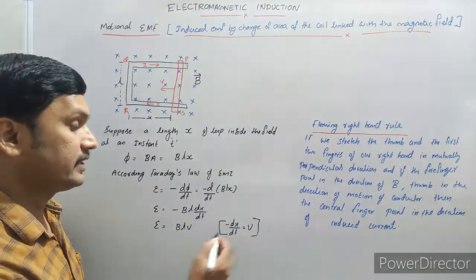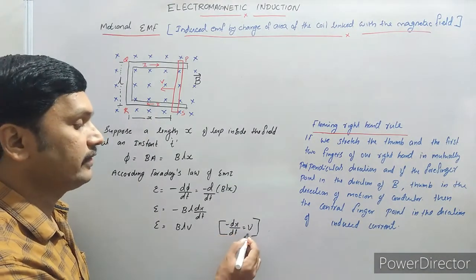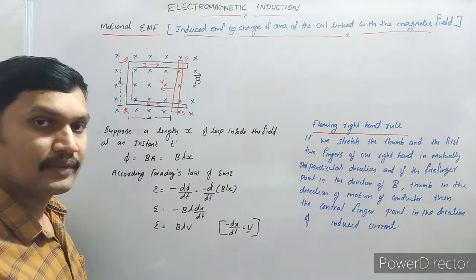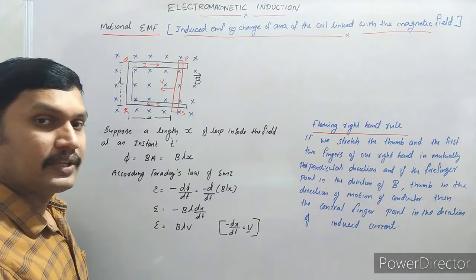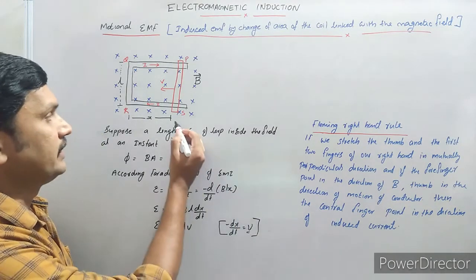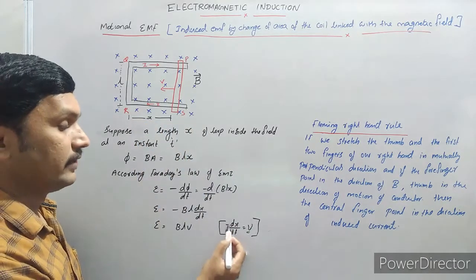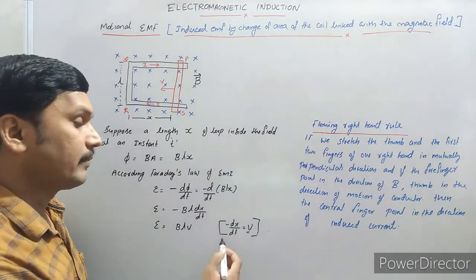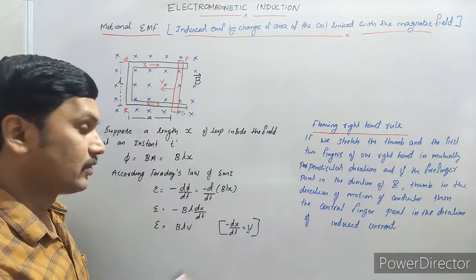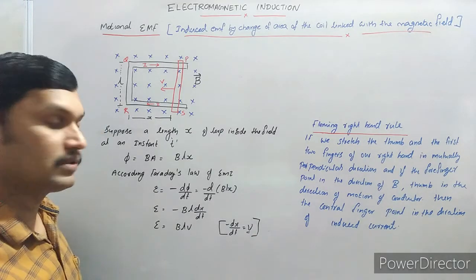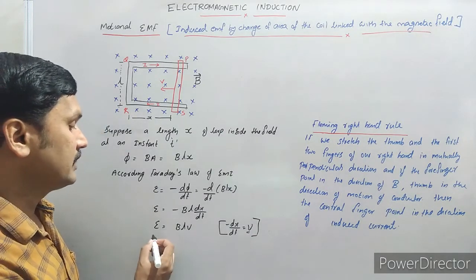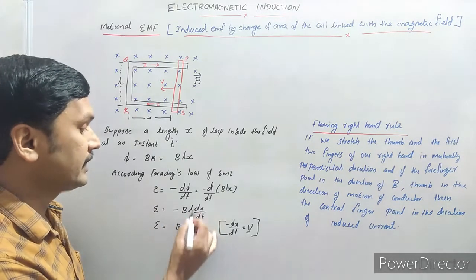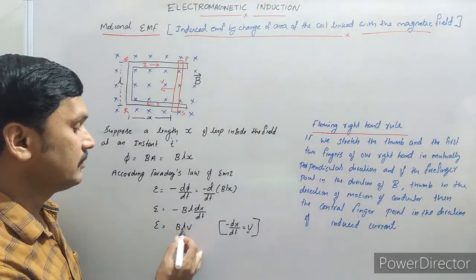Once x is decreasing, minus dx by dt we can call the velocity, since the velocity is in the direction of decreasing value of x. So minus dx by dt is equal to the velocity, and we write velocity v instead of minus dx by dt.